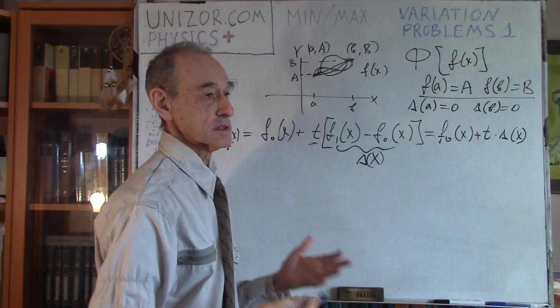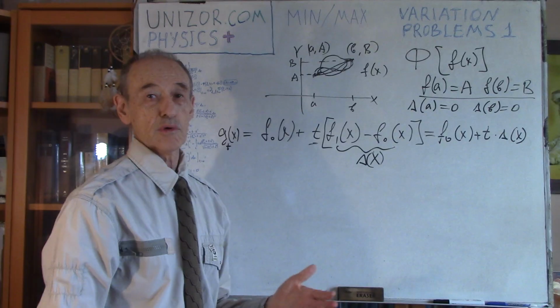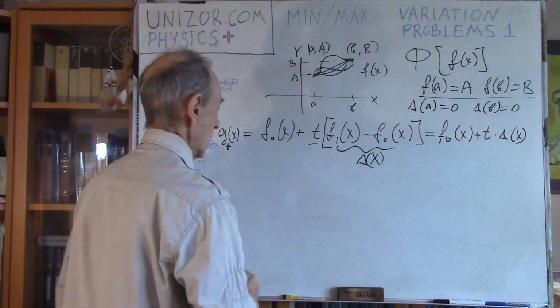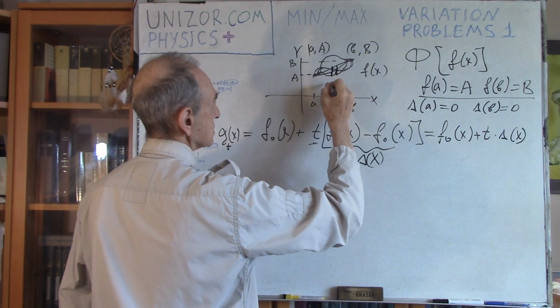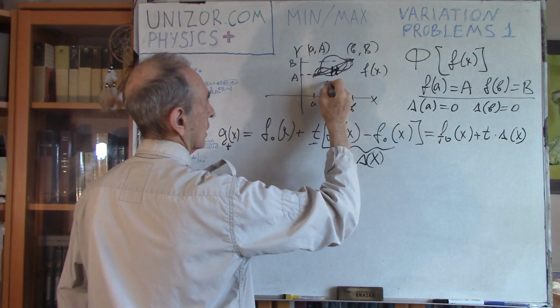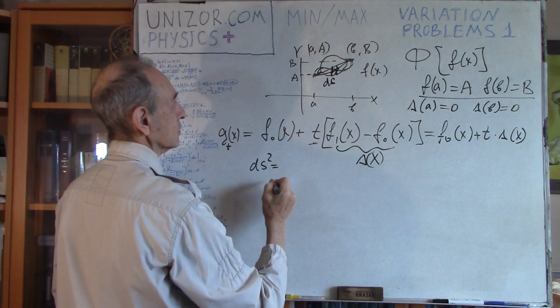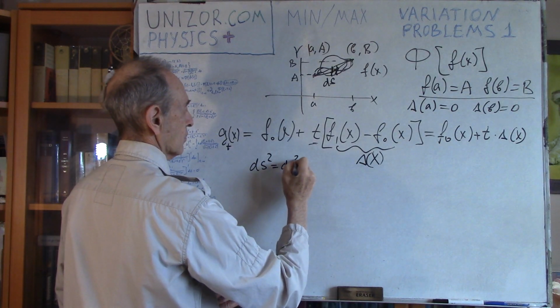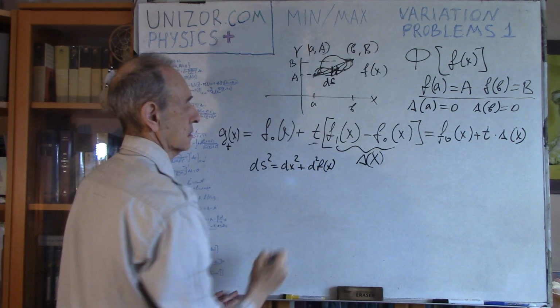Okay, now the next thing is, what is the length of the curve which represents the graph of the function f of x? Well, if we take a very small piece of this curve, ds, now ds square is equal to what? dx square plus d f of x square, right?